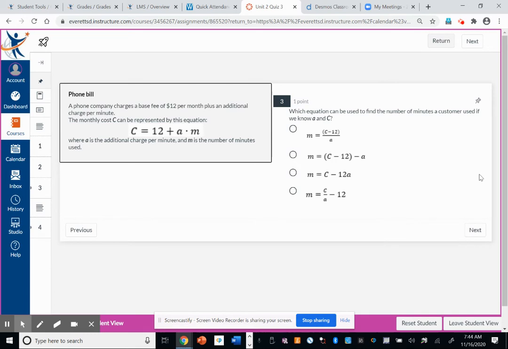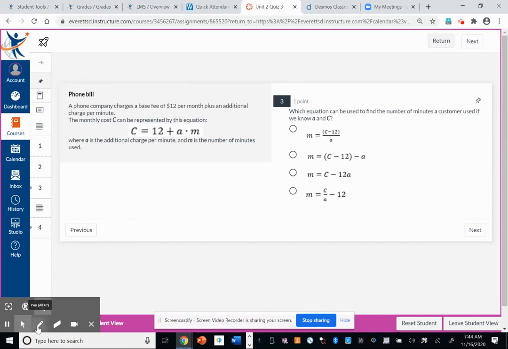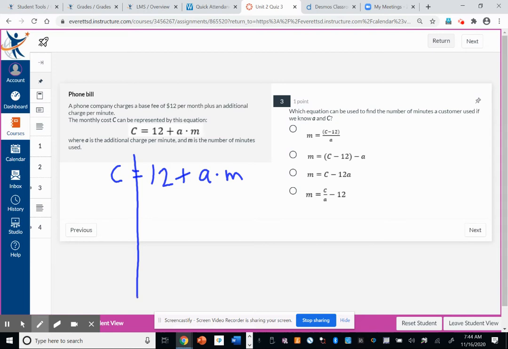So now it's asking us in general. So we want to solve for M, which is what we've been doing, only this time we don't know the other values. So we're just going to rearrange the equation following the same steps. So our first step was to subtract the 12.